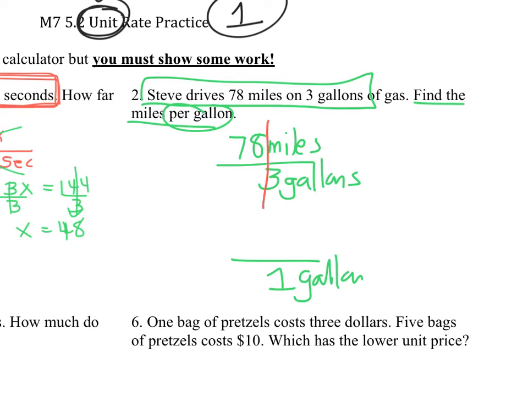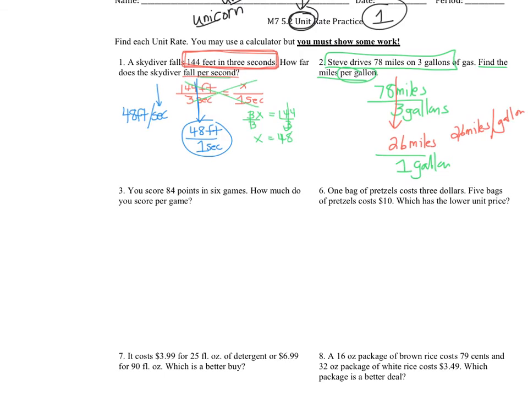And I could just divide that. 78 divided by 3 is 26 miles for 1 gallon. 26 miles per gallon. We don't have to write the 1 there. It's kind of like that invisible 1 when we're working with math.